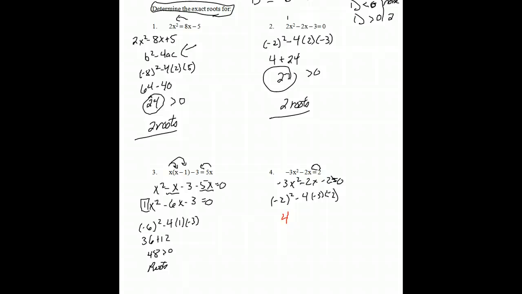Okay, so this was 4. Negative times a negative, times a negative again, keeps it negative. So 4 times 3 is 12, times 2 is 24, gives you a negative 20. So that's our discriminant value. Now we know this is less than 0, so you should have no roots.